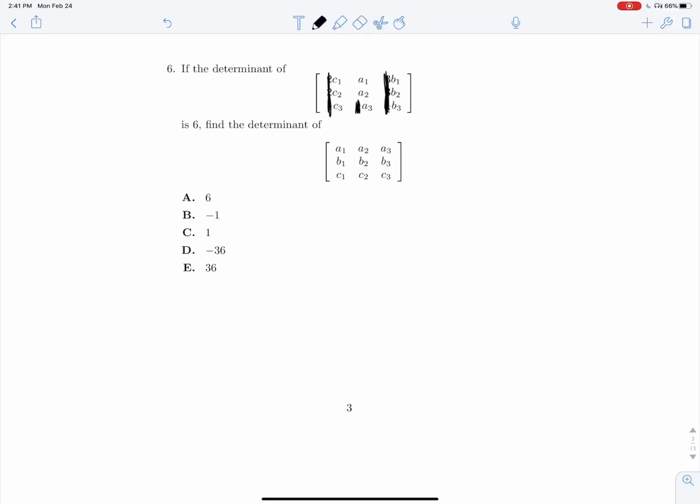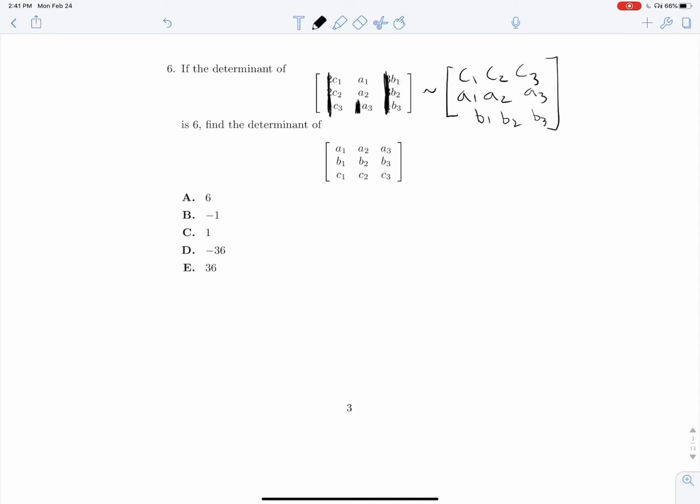So transposing the matrix does not change the determinant. So the determinant of this is the same thing as the determinant of C1, C2, C3, A1, A2, A3, B1, B2, B3.